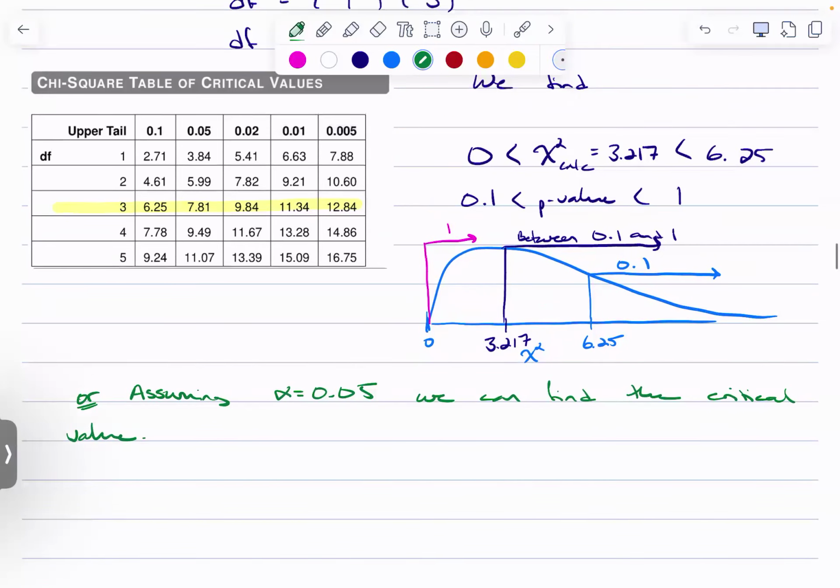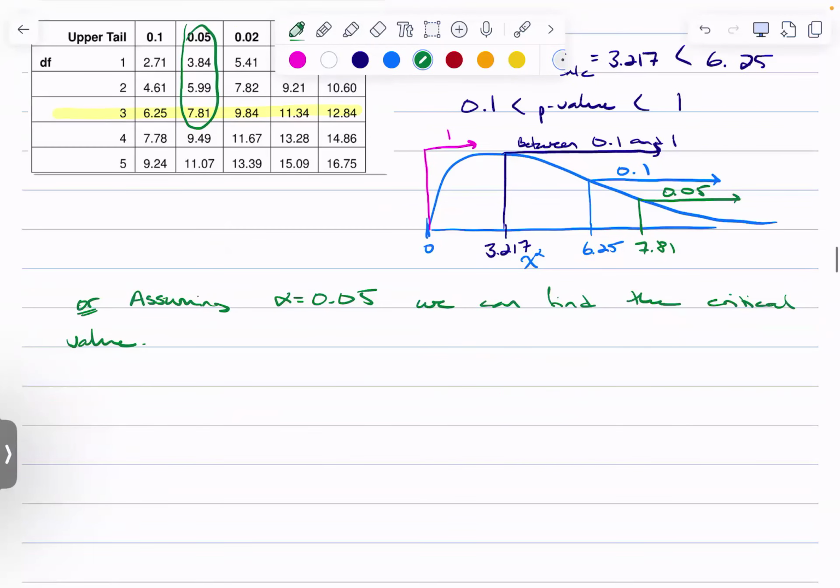At 3 degrees of freedom, the critical value is when I force the alpha level into the tail and figure out what my chi-squared needs to be bigger than in order to get there. And so I find that 7.81 is my critical value, and that's when I have 0.05 in the tail.